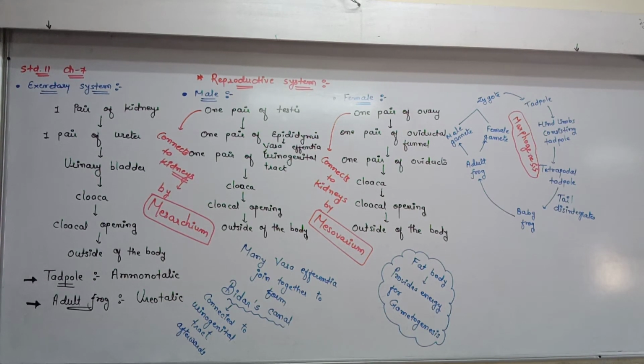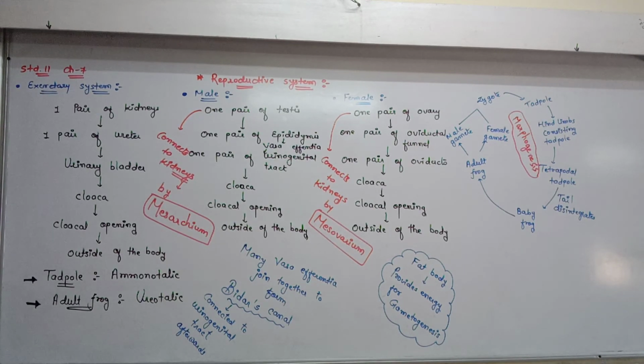In yesterday's lecture, the point you had not noted down was about the thyroid gland. So for morphogenesis, thyroxine is essential. If you had not noted that down, please clarify.